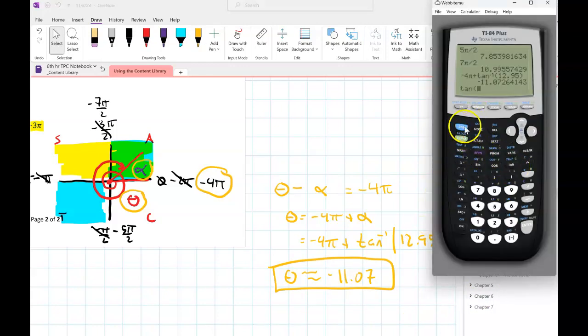So I do tangent of that, and I should get the 1295, which I do. Yes. And then I need to check that that's smaller than negative 3 pi, and bigger than negative 4 pi. So we're good.